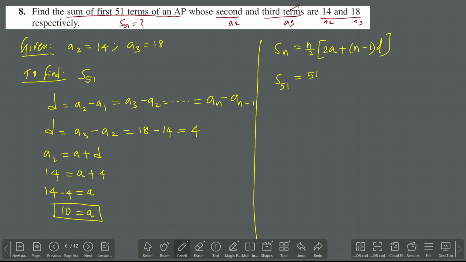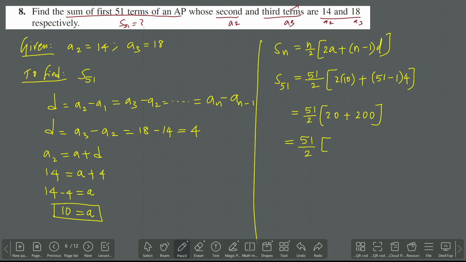So 51 divided by 2 into 2A, which is 10, plus N minus 1, that is 51 minus 1, into D, which is 4. Simplifying, 51 and 2 will not cancel, so it stays as it is: 20 plus 50 times 4, which is 200. 200 plus 20 is 220.